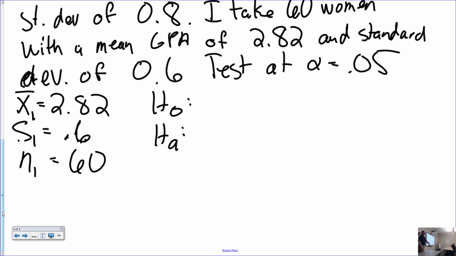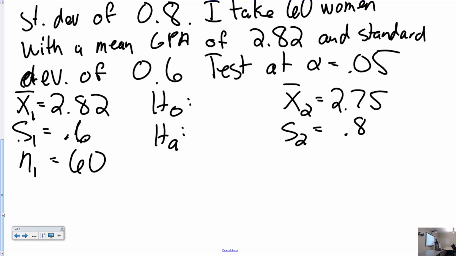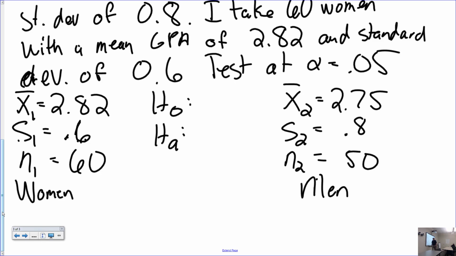I just made the women first for whatever reason. So what is X bar 2 then? 2.75, S2 was 0.8, and N2 was 50. So, first population is women. Second population is men.